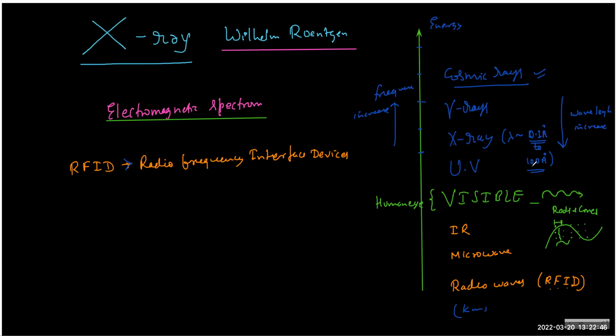Tissues cannot stop the X-ray, so it penetrates because the size of the tissue and the intercellular separation is much bigger than the wavelength of X-ray. So it can easily cross it and go to the other side, and this is how we get the image.